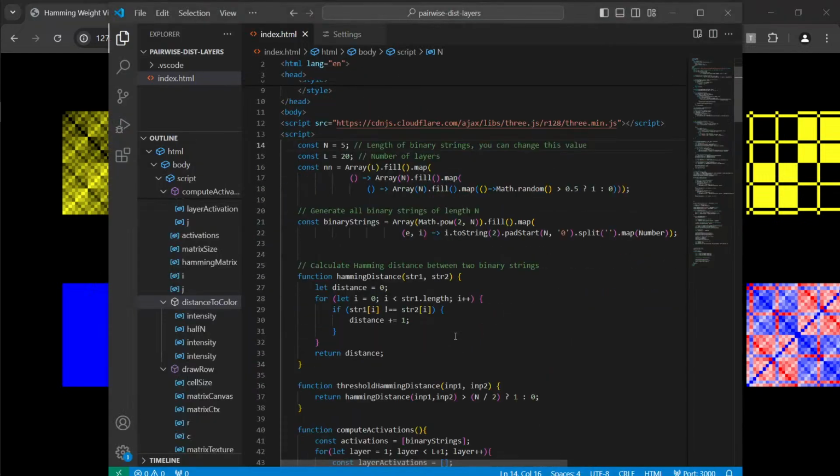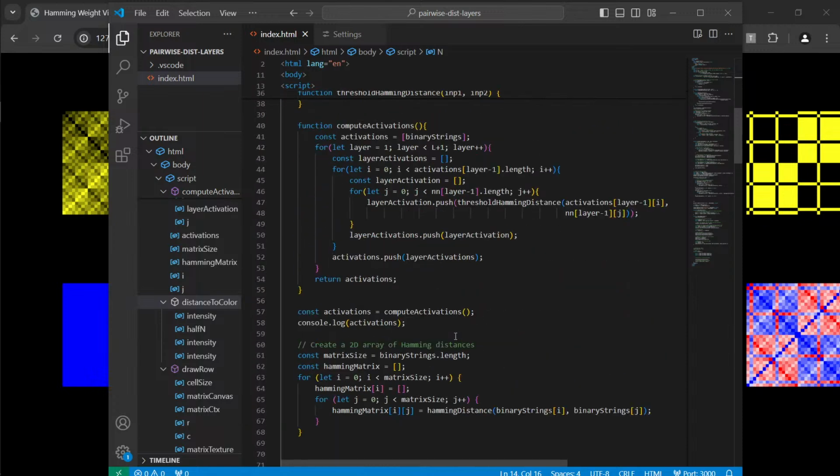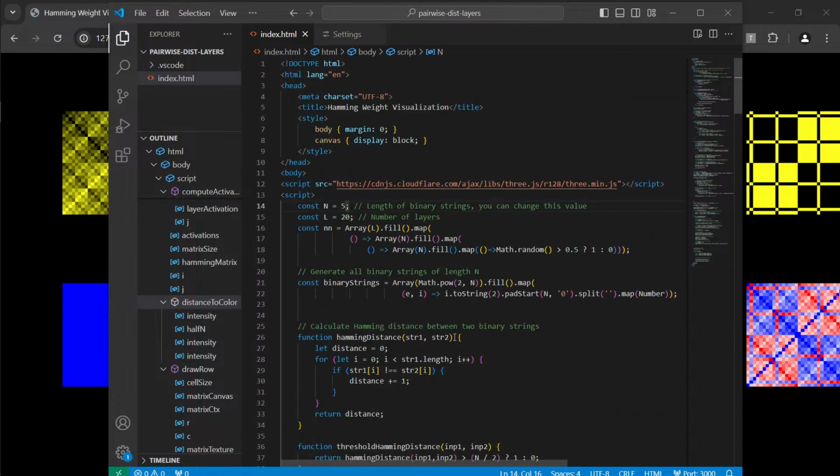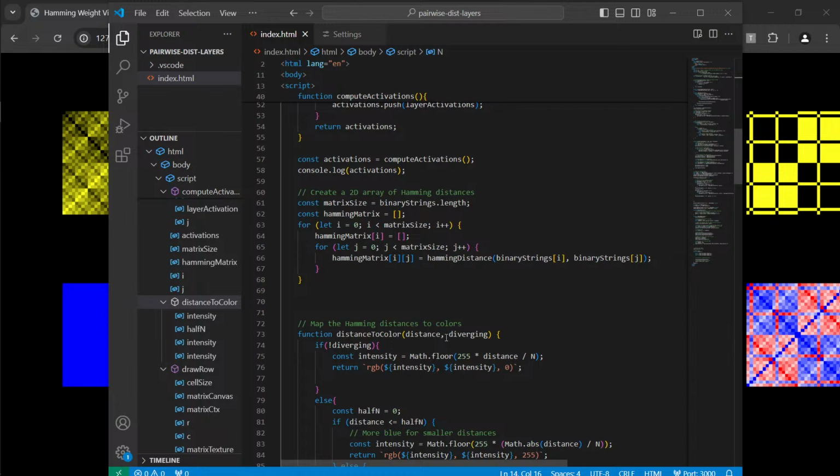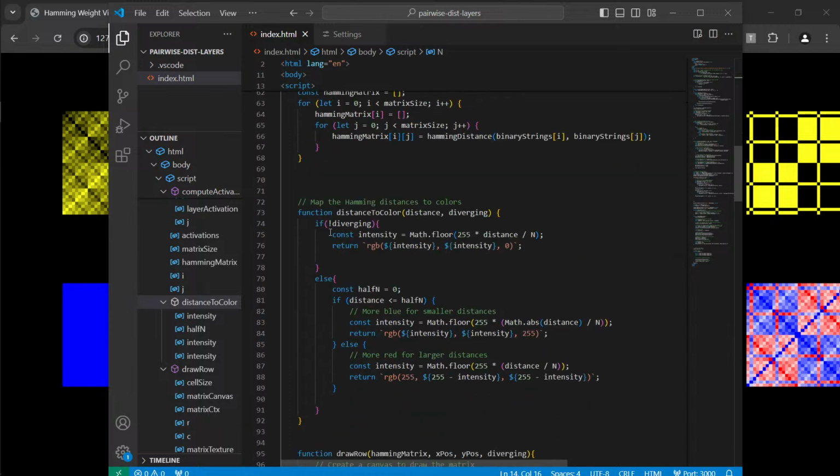Okay. Let me look at it one more time. If I can find it. Okay, we are diverging. So if the distance is 0, like right here, we want that to be white.